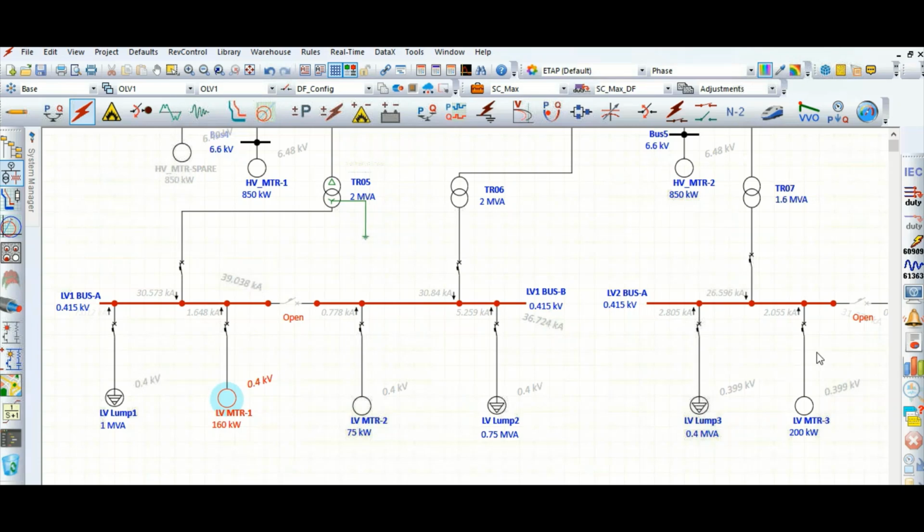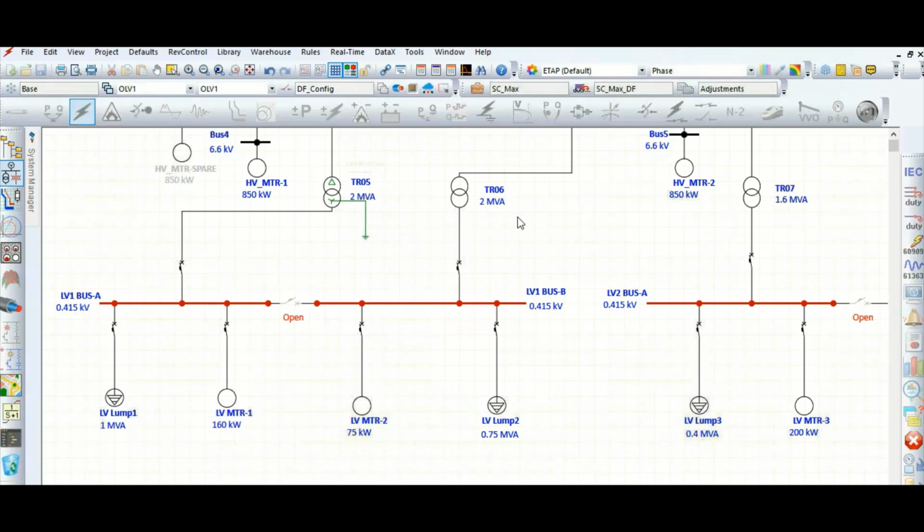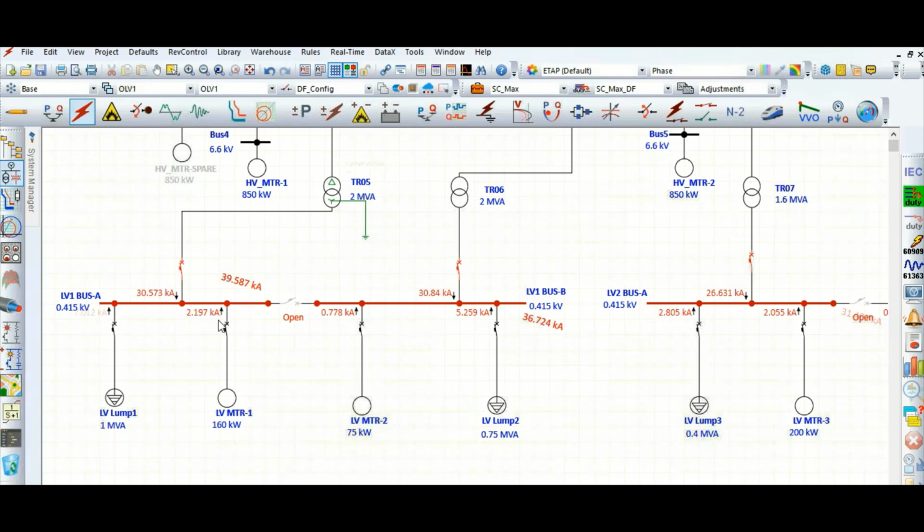Now let's run this short circuit again. Now it's coming 2.197 kA. That means if the locked rotor current of the motor is increased, the fault contribution will be more.